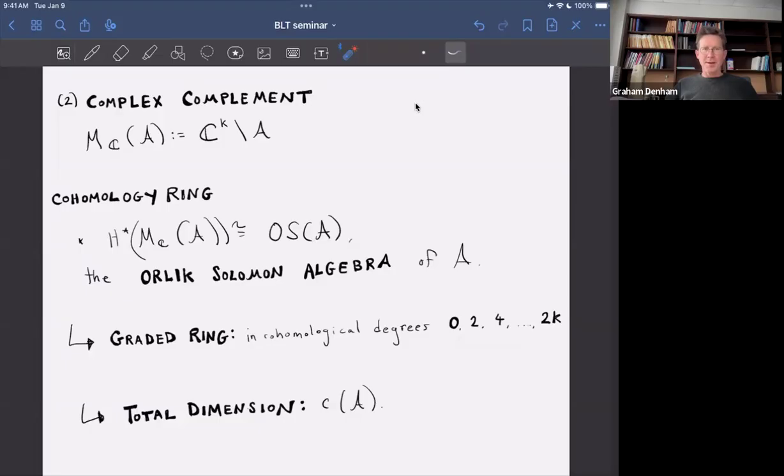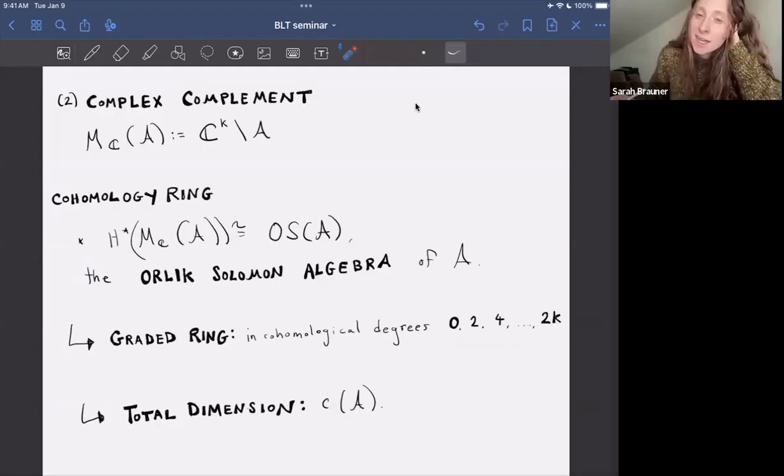Yeah. And I'm going to be a little bit loose: what I care about is the 0, 1 up to K instead of keeping track of the cohomological degree. Other questions?